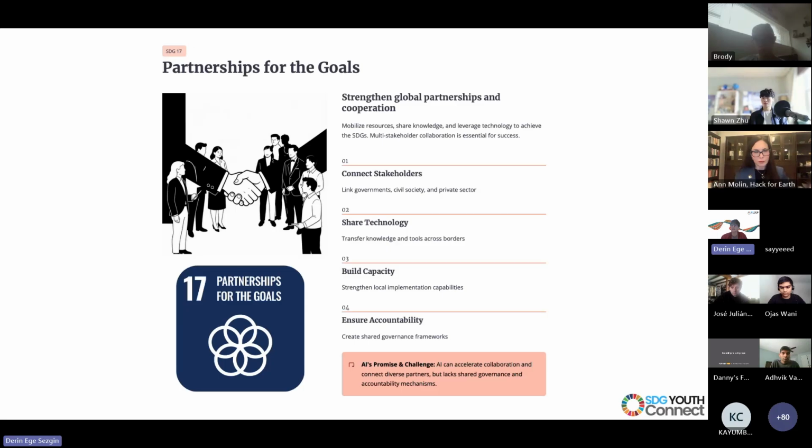And again, this ties back to fostering organizations like the United Nations to ensure accountability, build capacity, share technology, and connect stakeholders. And AI's promise for this is that AI can really accelerate collaboration and improve technology sharing. Yet, lack of shared governance and accountability mechanisms can be really detrimental towards these sharing methods.